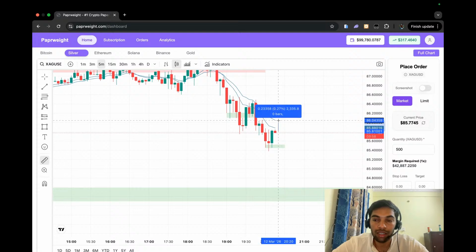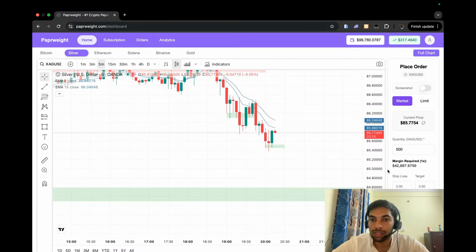23, that is quite good. If 23 is the stop loss, then we can take it. What is the current price? It is 8578, 8578, and this is 8586.